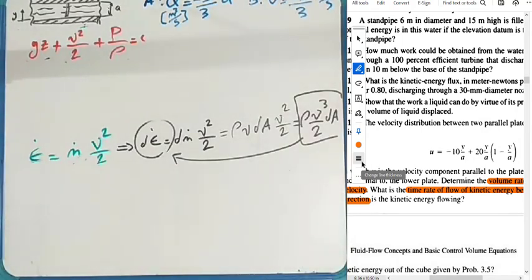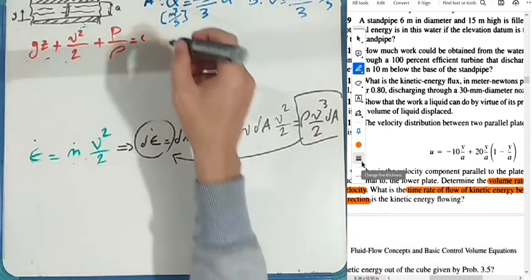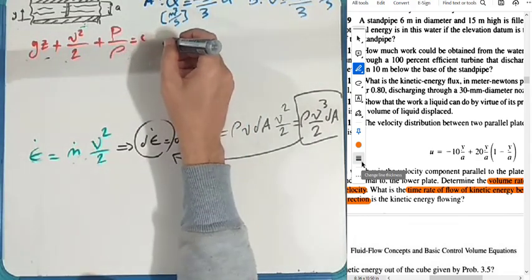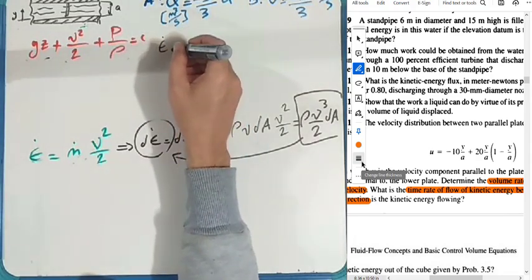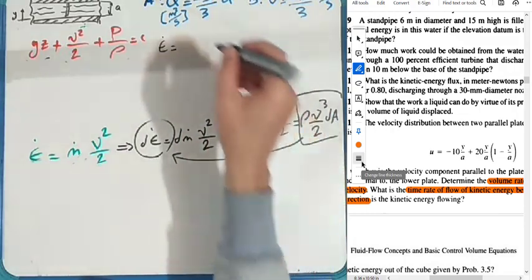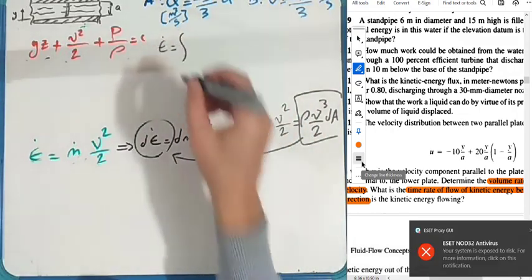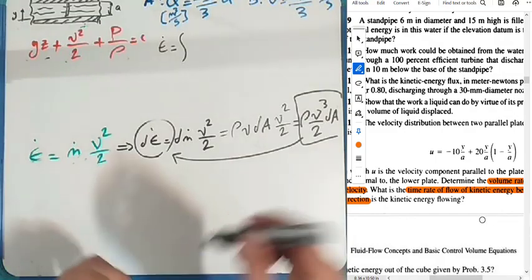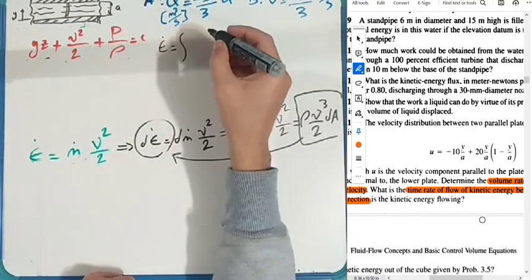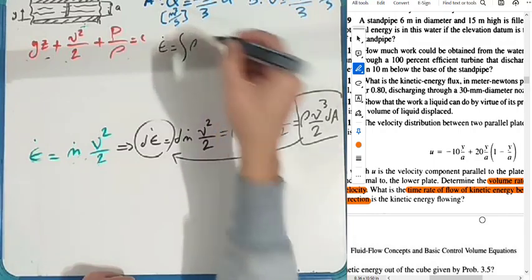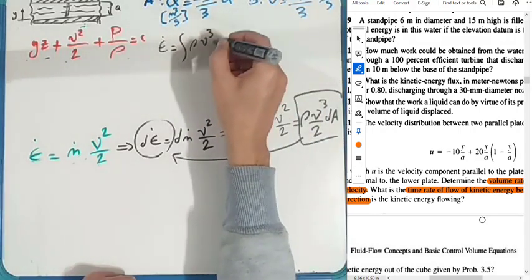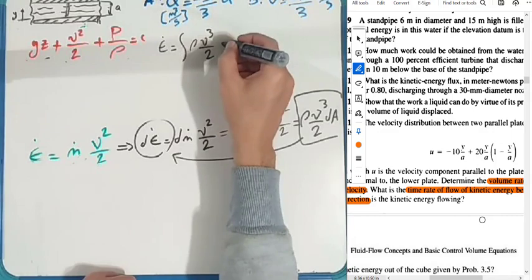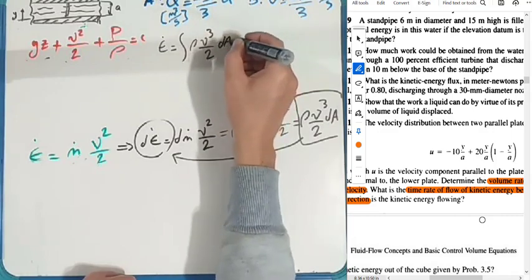If I want to find E dot, I should integrate this equation, from nu cubed over 2 dA.